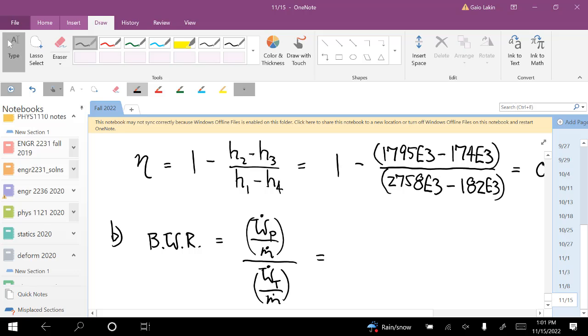And that is H4 minus H3 divided by H1 minus H2.